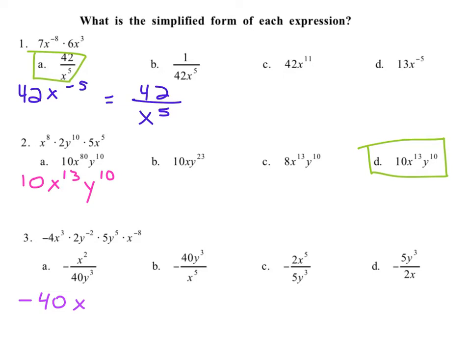There's one that's got a 3, one that's got a negative 8. 3 plus negative 8 is negative 5. And then we've got a y base with exponents of negative 2 and 5. Negative 2 and 5 equals 3. Okay. What has a negative exponent? Just this x does. That's got the negative 5 on it.